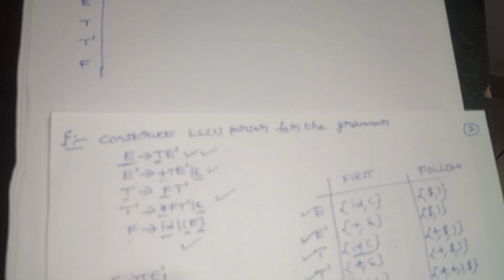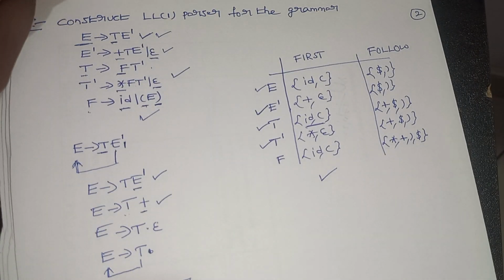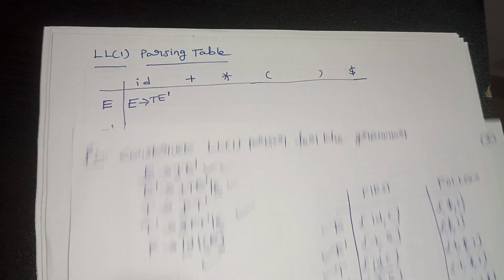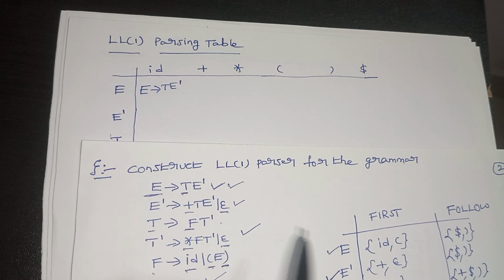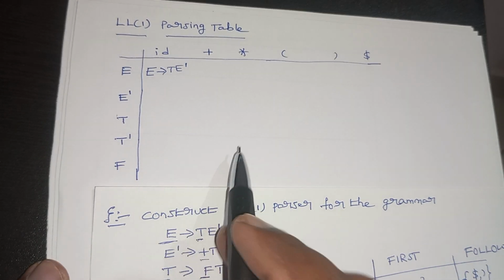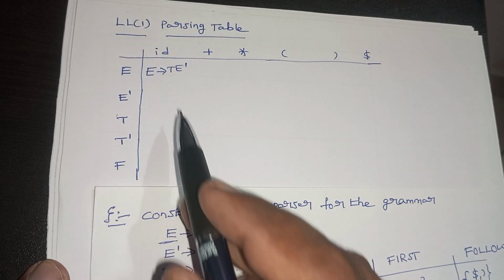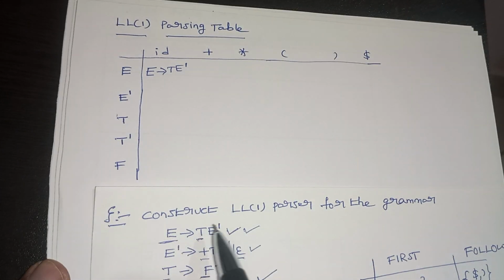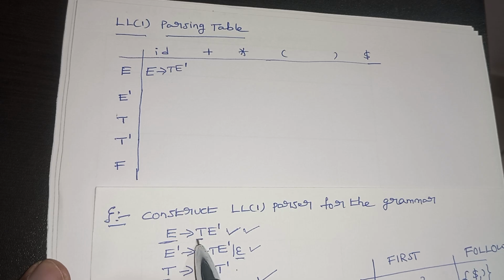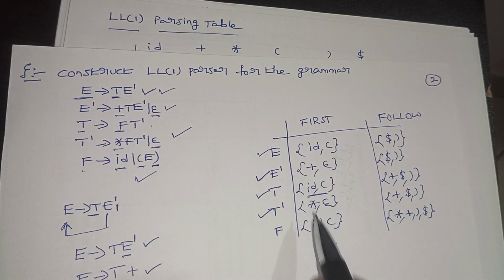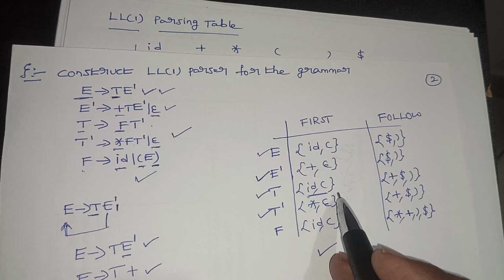Tell me why I'm writing here. See, first you have to construct a table, then you see the grammar and take first of T. What is first of T? First of T is the id and then left parenthesis.